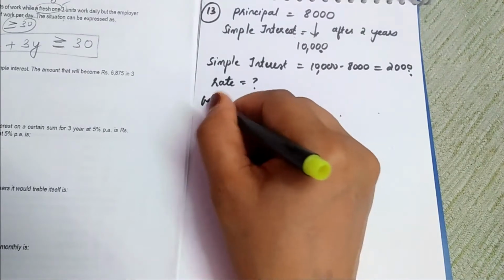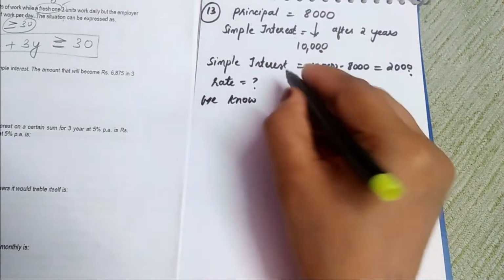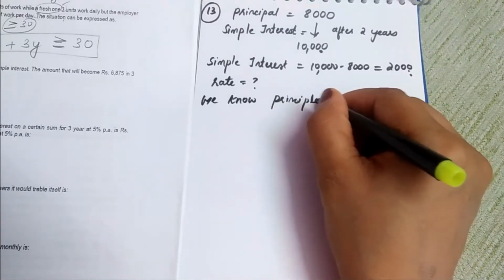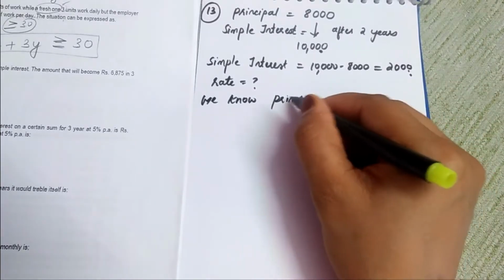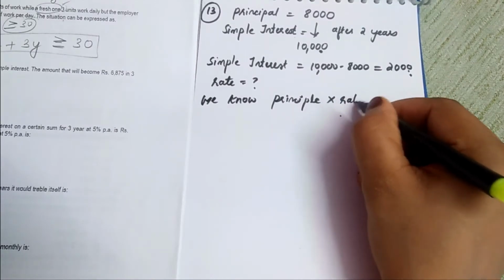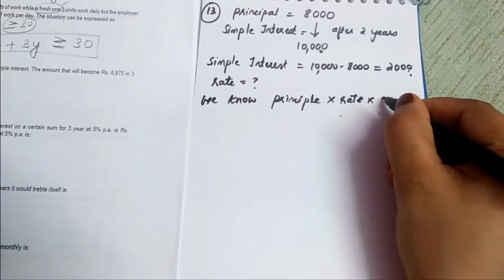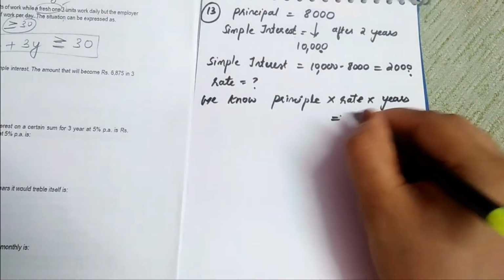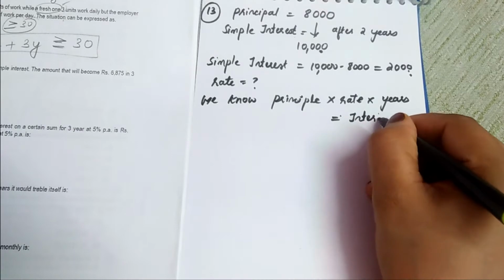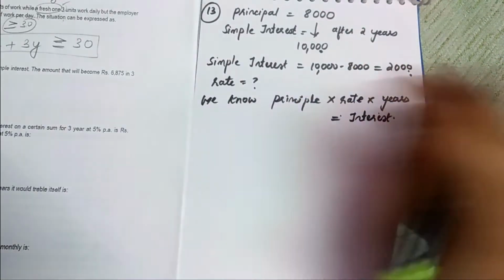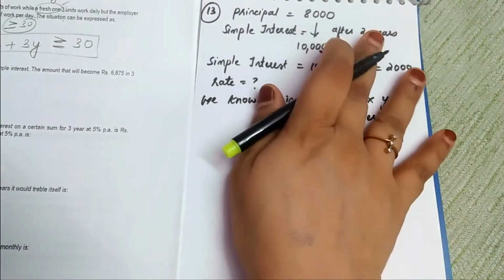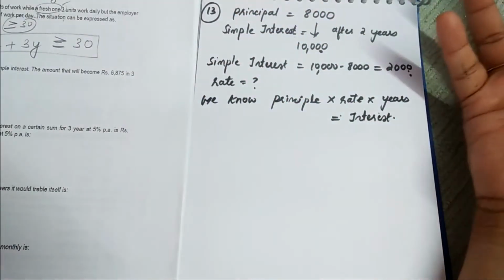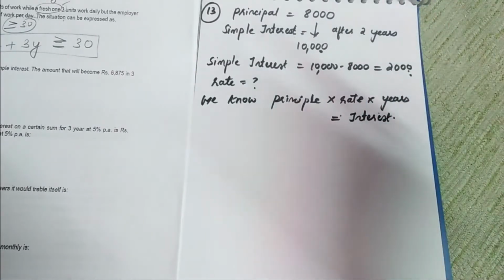We know that principal amount into the rate of interest into the years is equal to the interest. Basically, you can forget all these formulas. When you lend someone an amount of money, how will you calculate the interest?